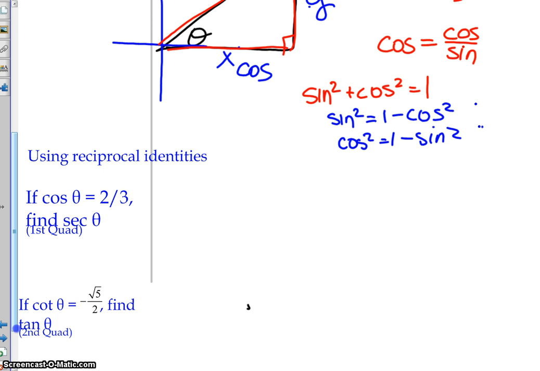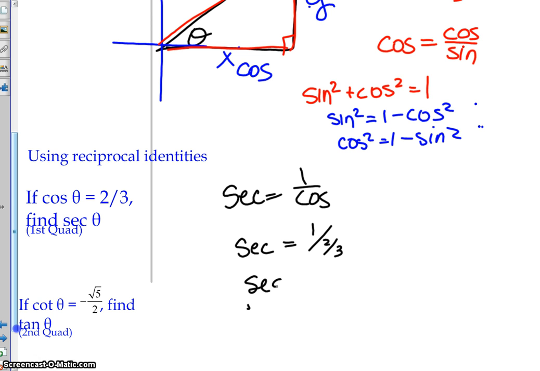What we know algebraically is that secant is equal to 1 divided by my cosine. So if I'm trying to find the secant of this angle, it's going to be 1 divided by 2/3. Well, secant then would equal 3 over 2, excuse me, the reciprocal. So 1 divided by 2/3 is 3/2.